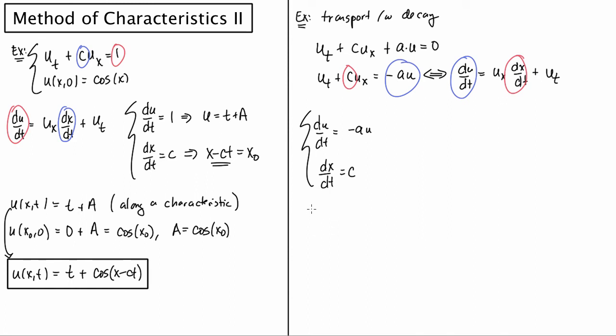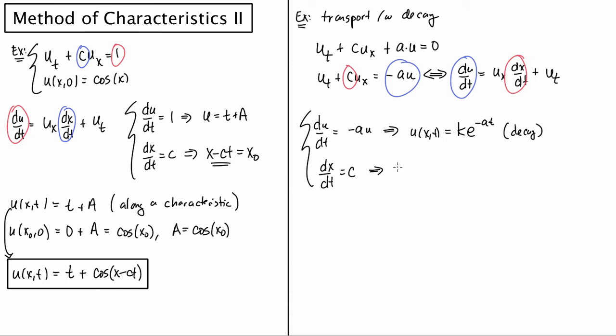Here it's decaying. So we have a decay differential equation, which is one of the easier equations from ODE to solve. And so this decay differential equation, if you just use separation of variables, whatever the case may be, has solution u(x,t) equals k e to the negative at. So this is what I meant by this being a transport equation with decay.